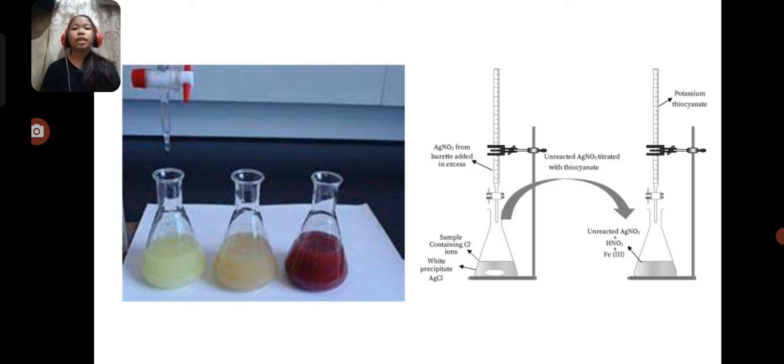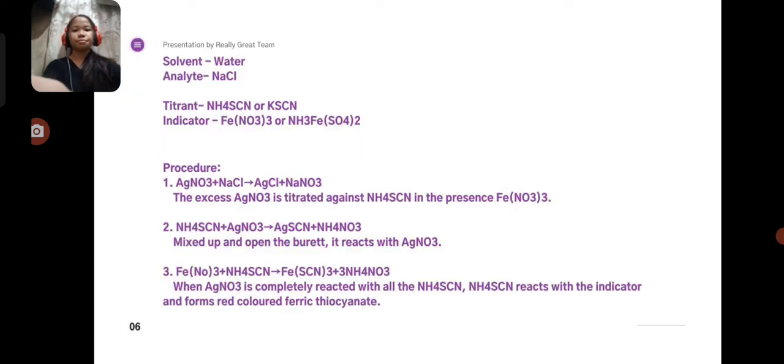In the burette, we place our ammonium thiocyanate. So the excess AgNO3 is titrated against the NH4SCN in the presence of ferric nitrate.